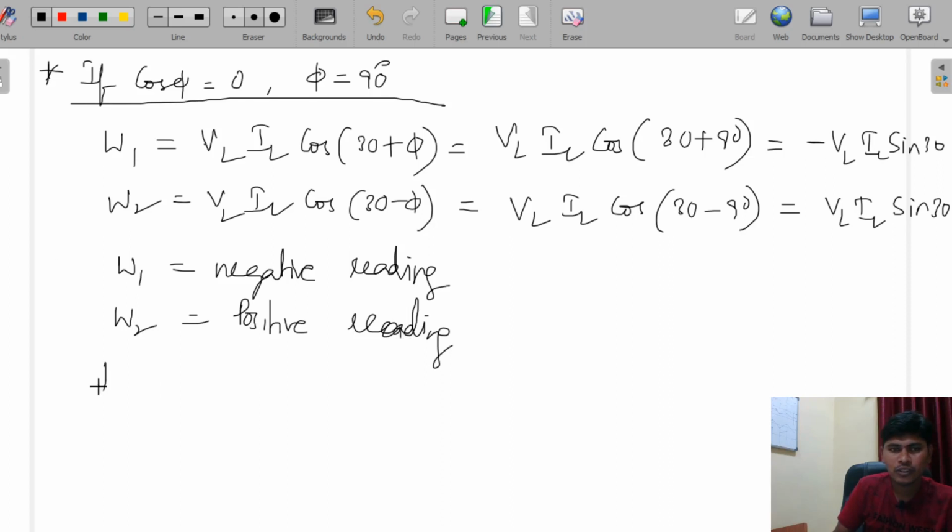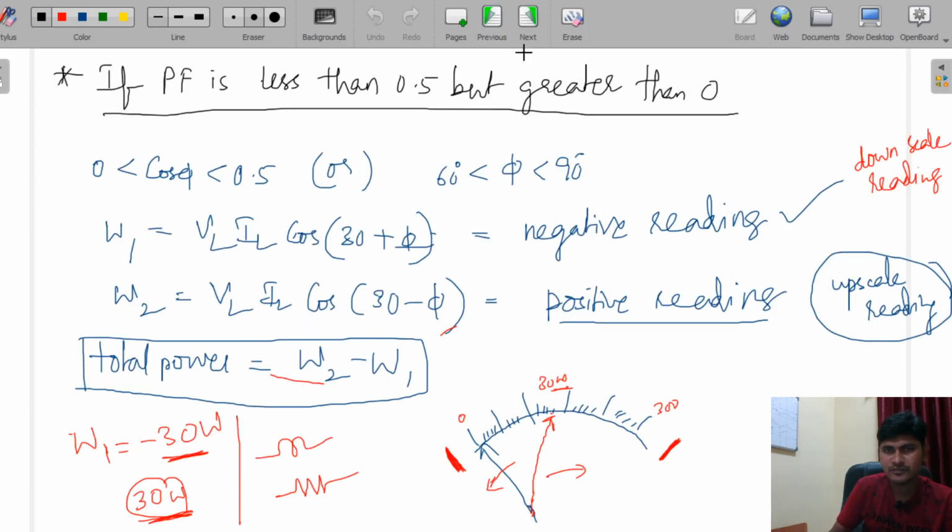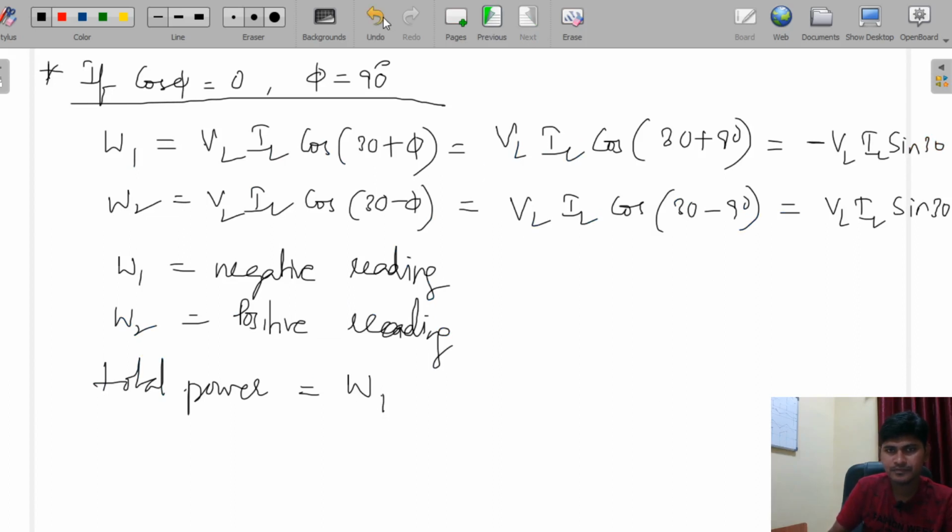The total power consumed by the load will be W2 minus W1. Now both are equal and opposite, so the total power consumed by the load will be 0.